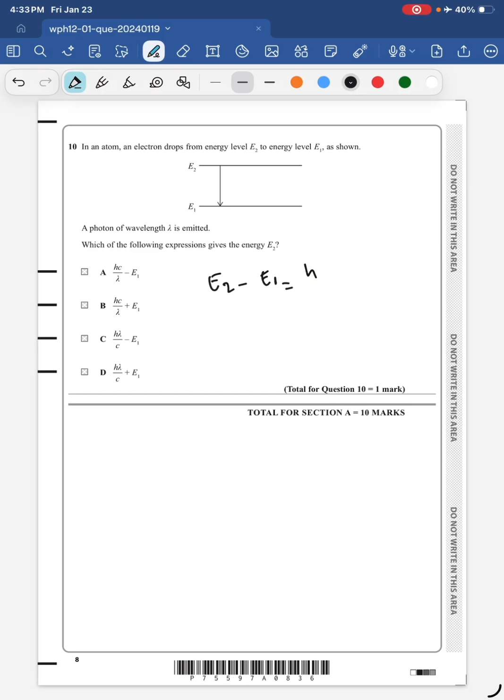Therefore, the energy is going to be equal to hc over lambda, right? So we need E2. E2 is just E1 plus hc over lambda. So what's the correct answer? B. Okay. And this is what we call delta E in your book.